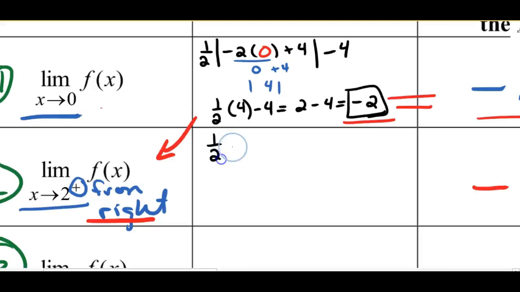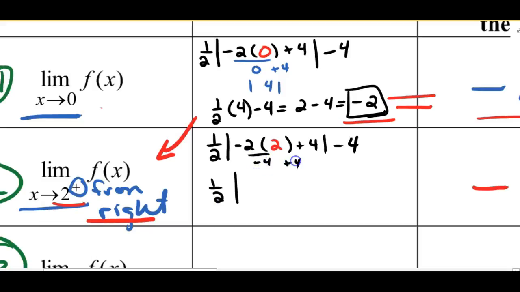So I have 1/2 absolute value, -2, parentheses, plus 4, minus 4. As x approaches 2, 1/2 of -4 plus 4 is 0. 1/2 of 0 is 0, minus 4 equals -4.